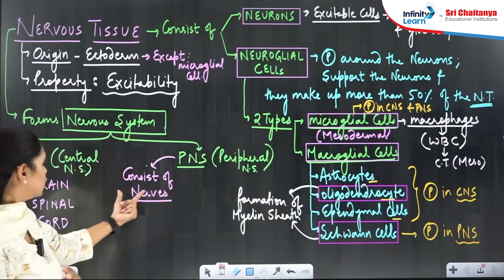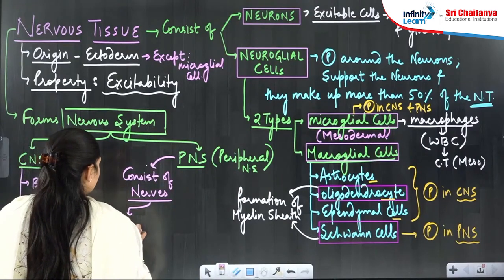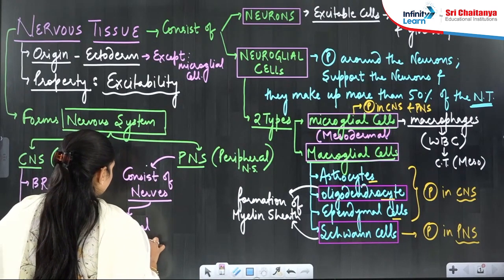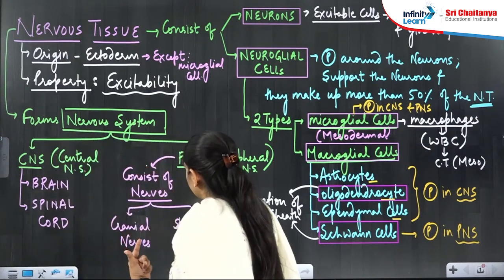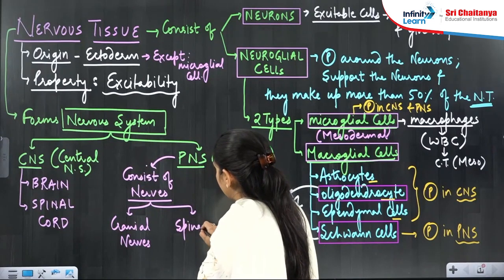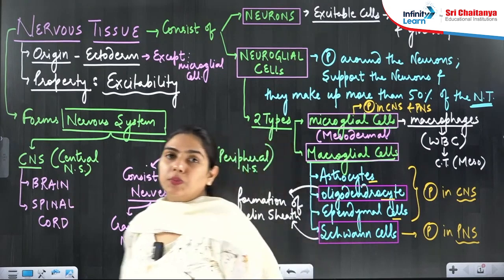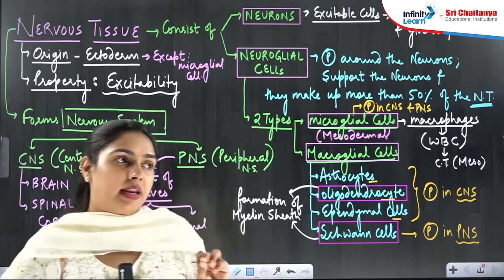So two types of nerves are there: arising from brain, cranial nerves; arising from spinal cord, spinal nerves.